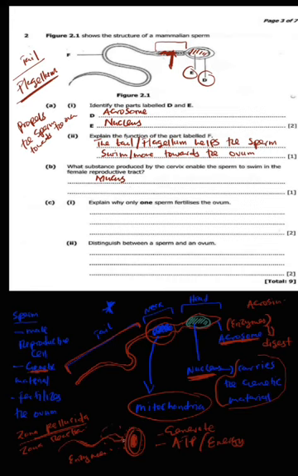It hardens and becomes impermeable to other sperms. This is very important so that only one sperm is able to fertilize one egg, to prevent what we call polyspermy.